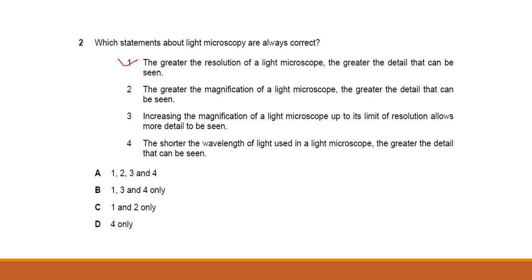The second statement says the greater the magnification of a light microscope, the greater the detail that can be seen. Okay, so this one is wrong, and I'll tell you why. When you're dealing with a light microscope, you sacrifice resolution for magnification. Now, what does that mean? When you increase your magnification, you start to decrease your resolution. Say I have a light microscope and I put it at 1000 times.